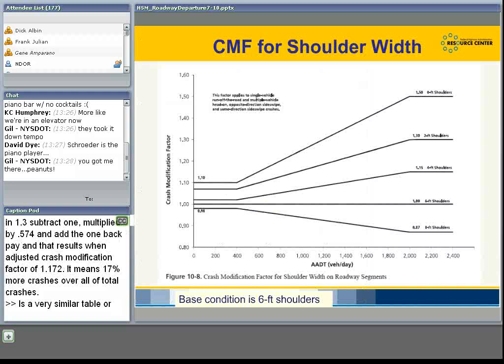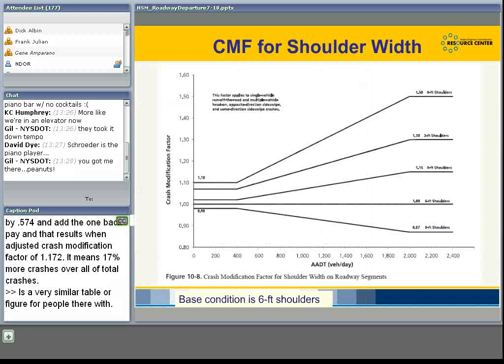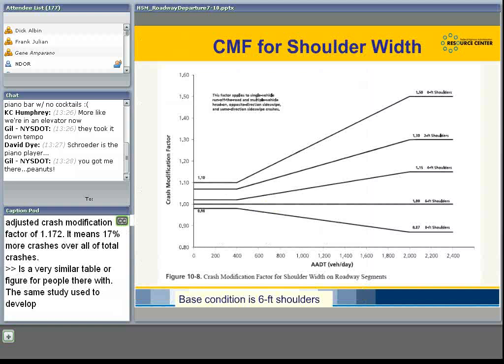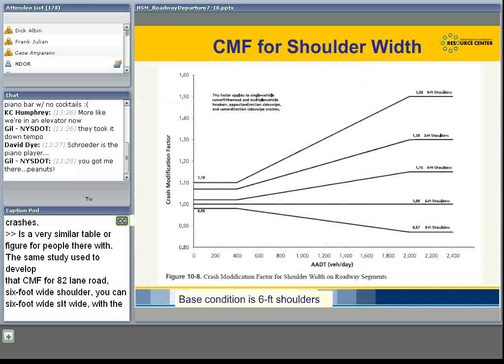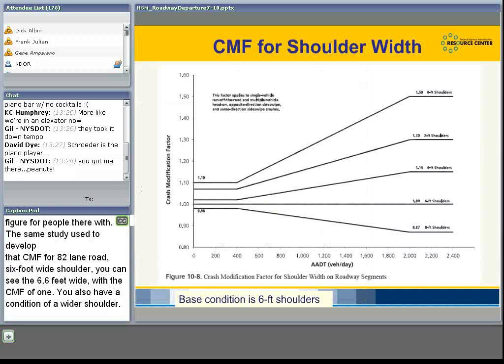There's a very similar table or figure for shoulder width. The same studies were used to develop this CMF. For a 2-lane rural road, the base condition is 6-foot wide shoulders. So you can see it's 6 foot wide, it's a straight line with a CMF of 1.